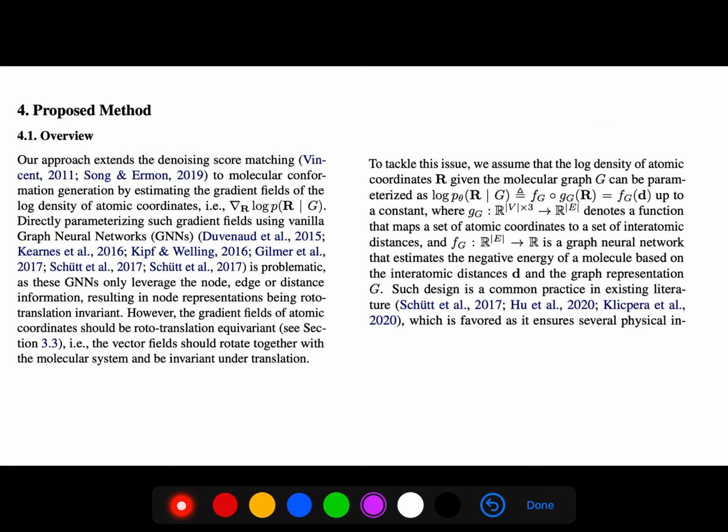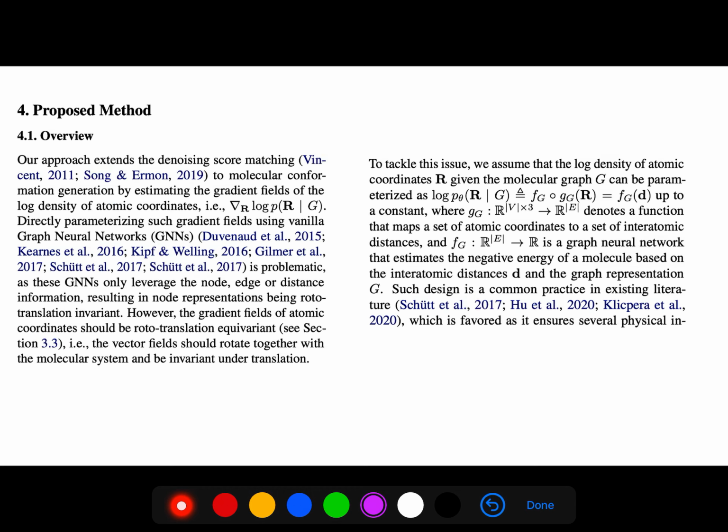To tackle this issue, because the gradient fields of atomic coordinates should be roto-translation equivariant, the vector fields should rotate together with the molecular system and be invariant under translation. To tackle this, we assume that the log density of atomic coordinates given the molecular graph can be parameterized.